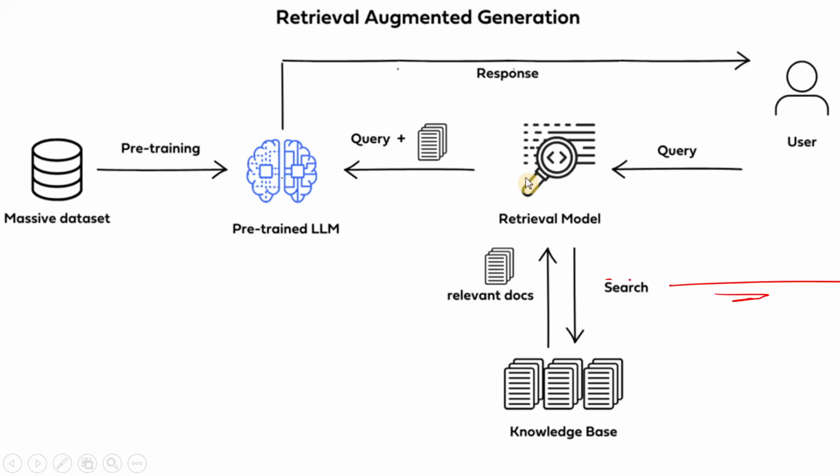It retrieves the information from the relevant documents and adds that information to the user's query. It goes to the LLM, which is pre-trained on a massive dataset, and this relevant document plus query will be your context to the LLM.